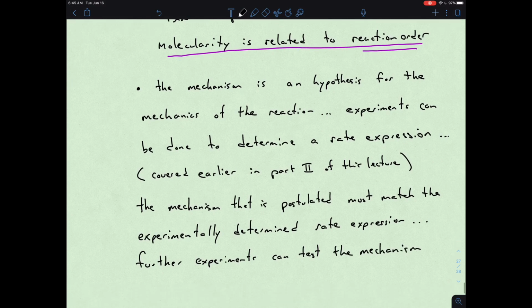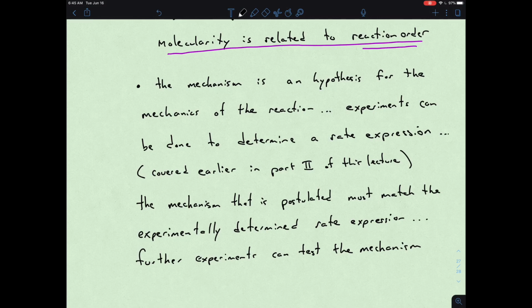And maybe it needs to be changed, maybe it doesn't, right? Remember, with hypotheses, we can only disprove them or lend support to them. So we can postulate a mechanism, do an experiment, get a rate expression, our mechanism needs to support that rate expression, and then further experiments can be done to test the mechanism hypothesis and its validity.